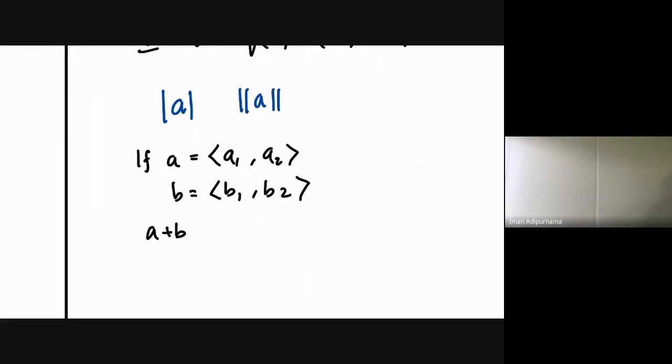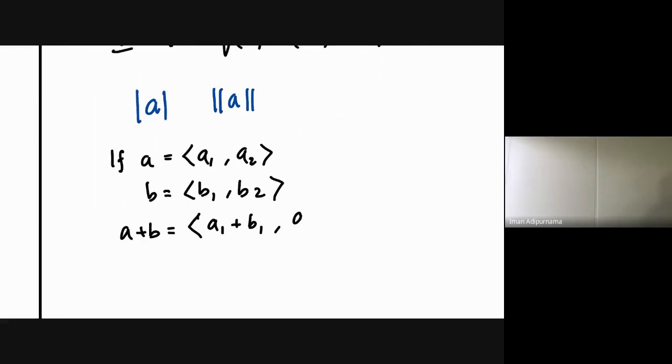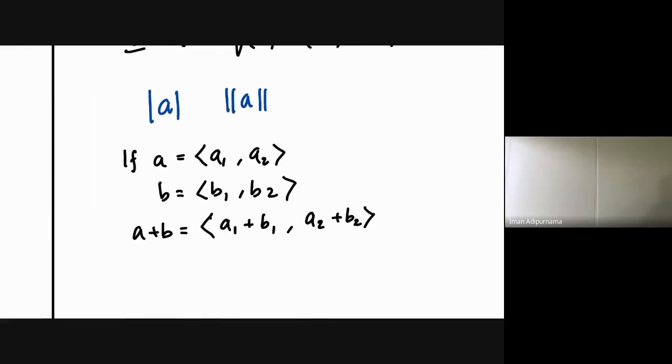So you can add, for example, the vectors by adding each axis. Or you can subtract them. Or you can multiply with a scalar.